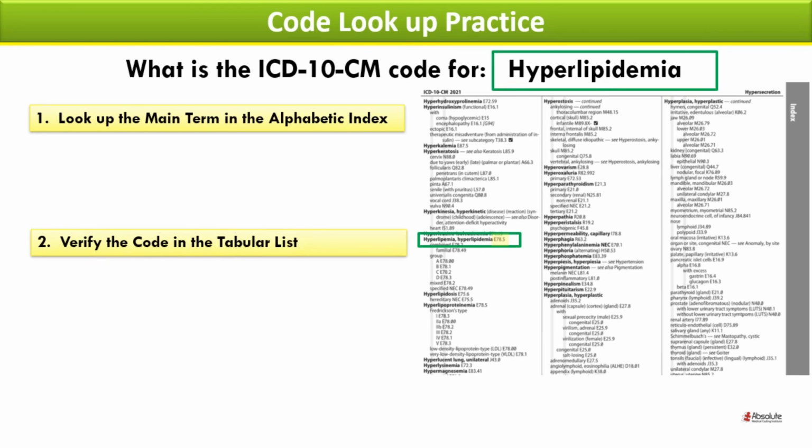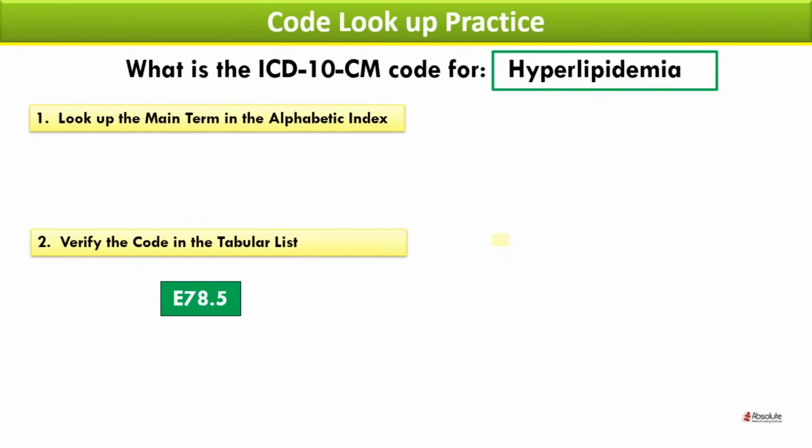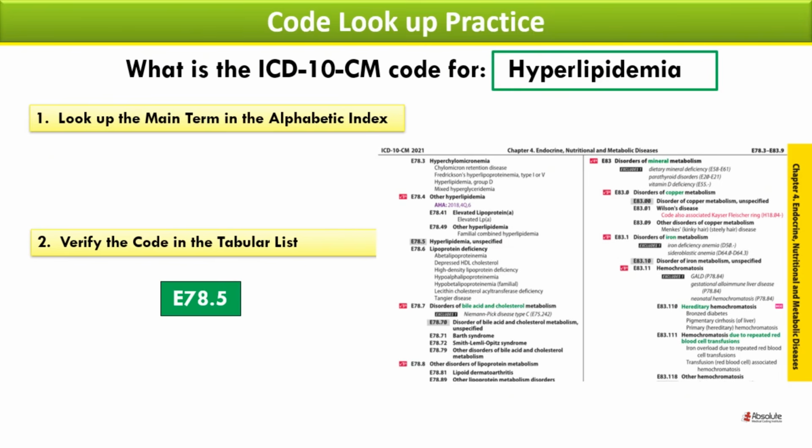So now we need to move on to step 2. Step 2 is verify your code in the tabular list. We're going to verify E78.5 in the tabular list. Where is the tabular list? Well, the tabular list is in the middle of your manual. They have the color pages, and they are in alphanumeric order.